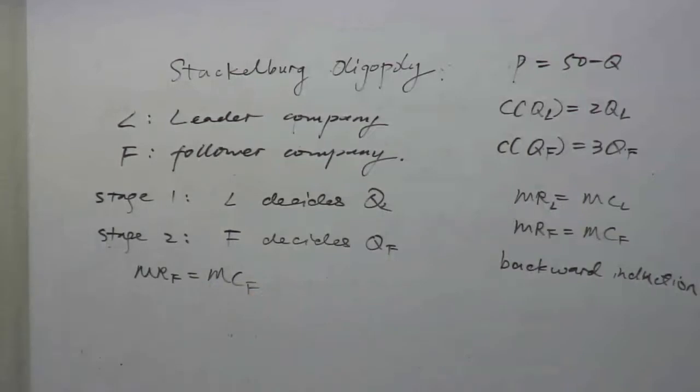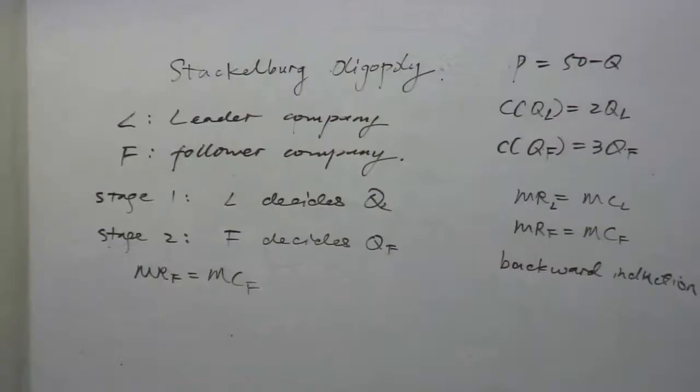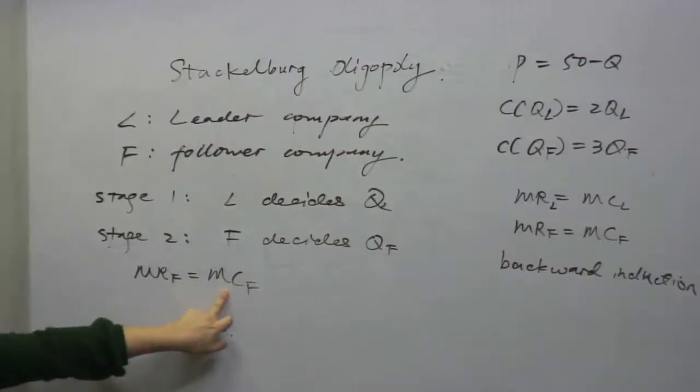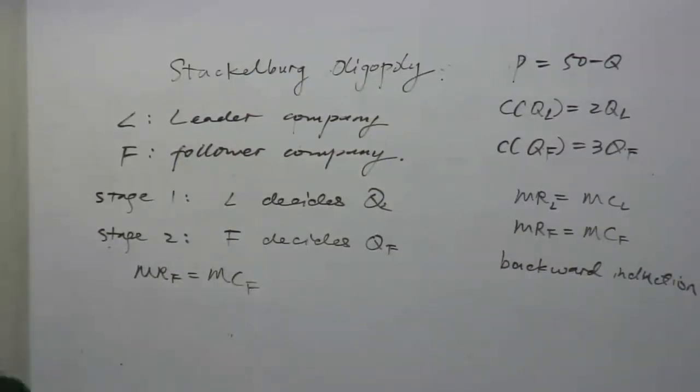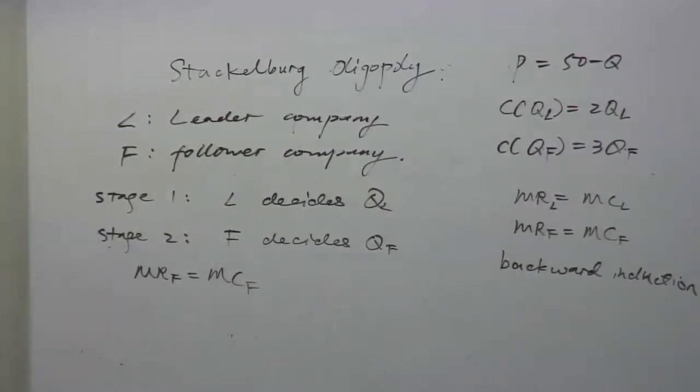Okay, marginal revenue equal to marginal cost for the follower. What is the marginal cost for the follower? Tell me right away. I want to ask you. The marginal cost for the follower.